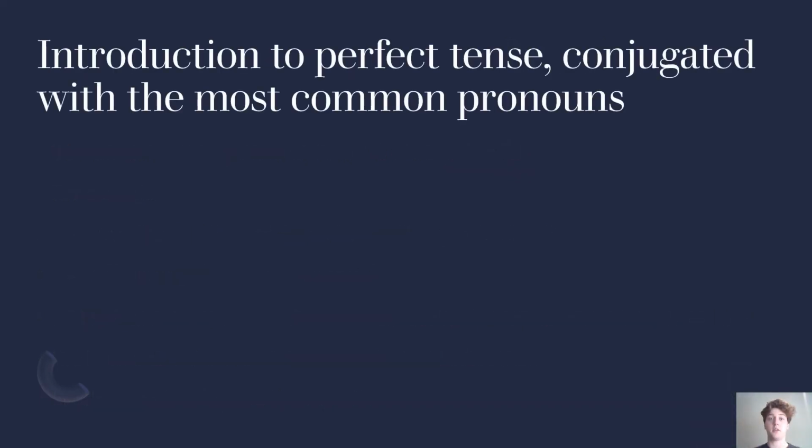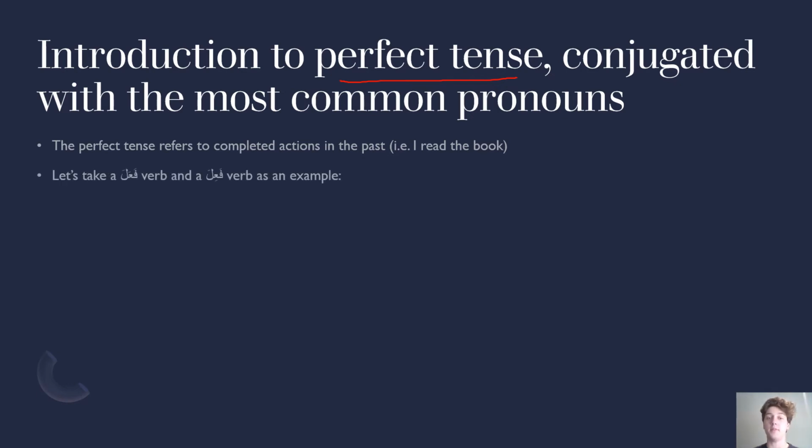So now we're going to conjugate form 1 verbs in the perfect tense with the most common pronouns that I've just discussed with you. Okay, so the perfect tense, if you haven't come across it in any other languages, refers to completed actions in the past. Let's take a fa'ala verb and a fa'ila verb as an example.